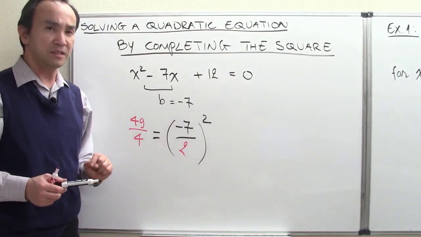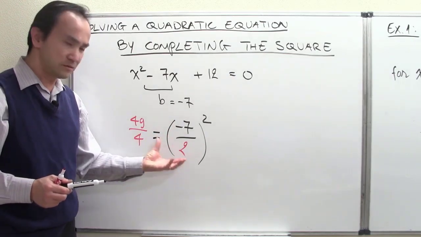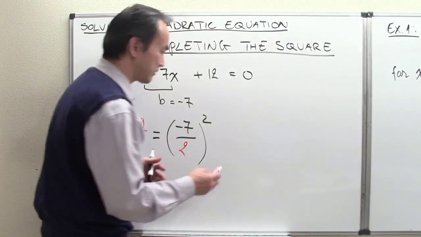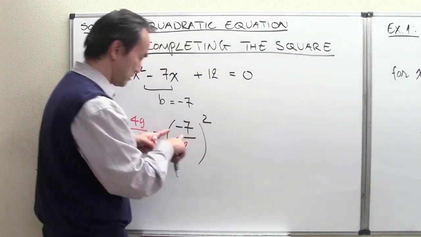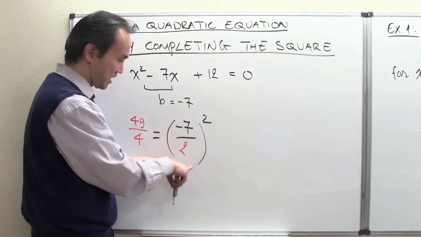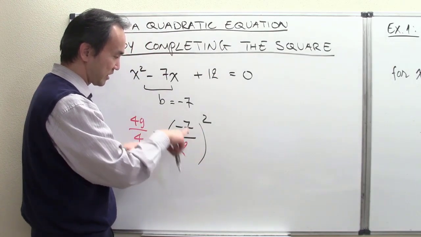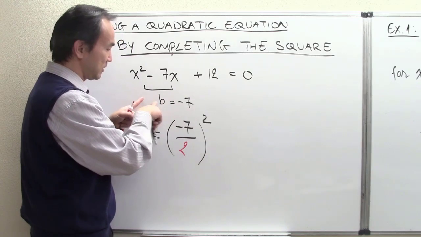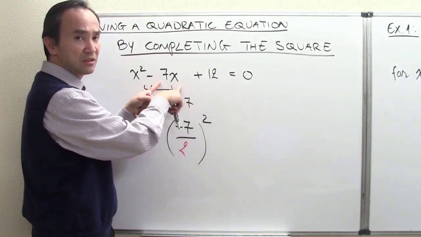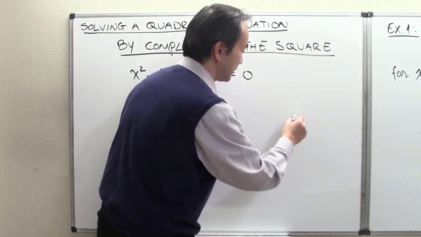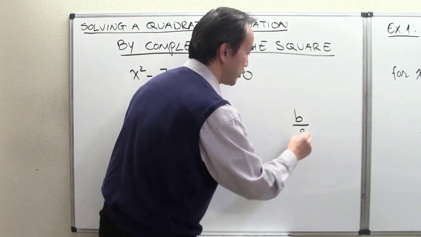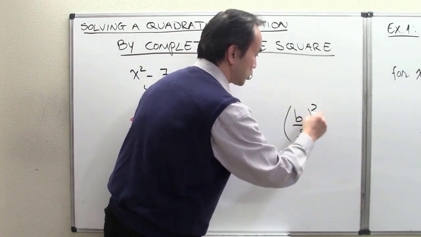But then what is the generality of this magic number? The minus 7 that we are seeing right here in my setup came from the coefficient b of our middle term. So the magic number really is just the following formula: b over 2, all squared.